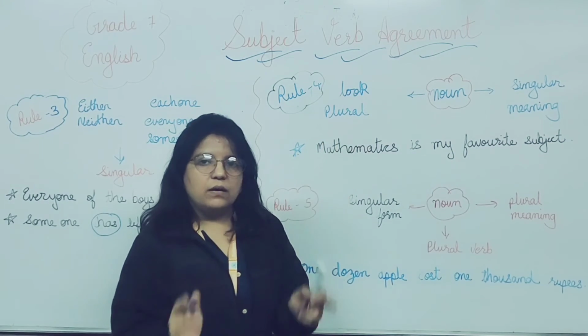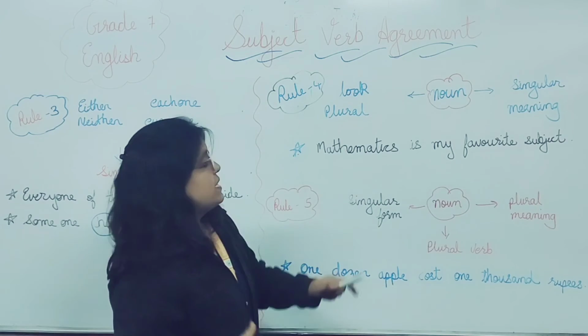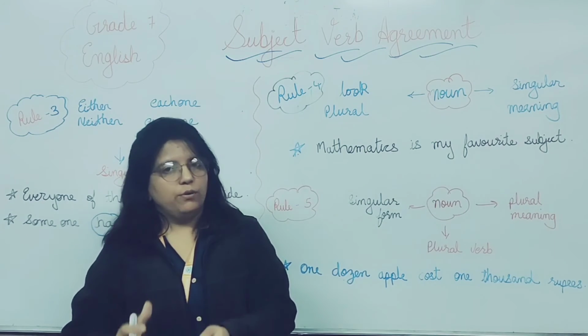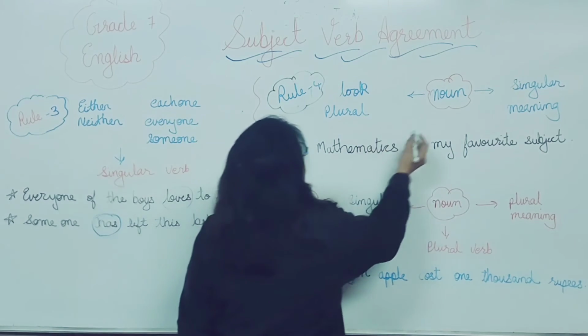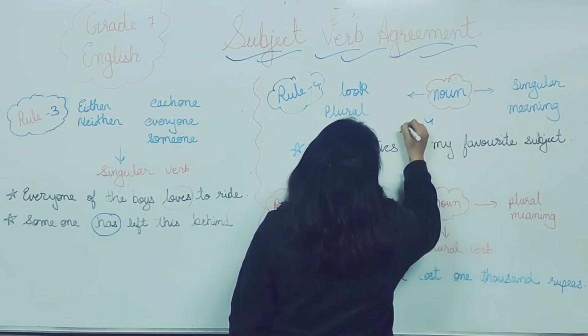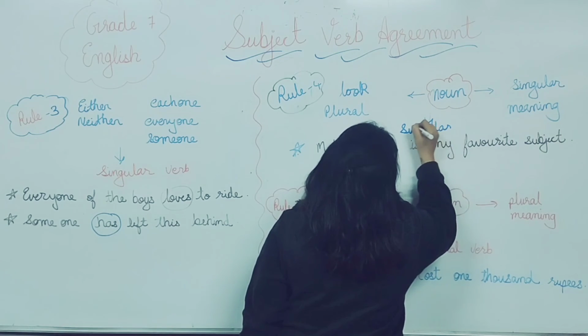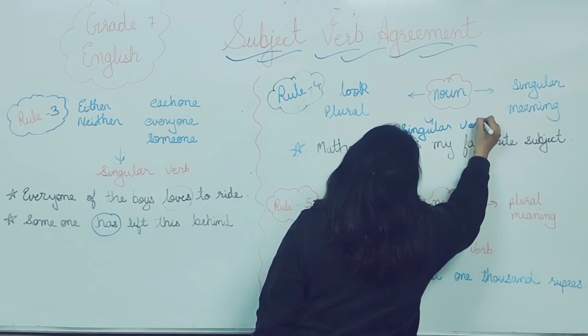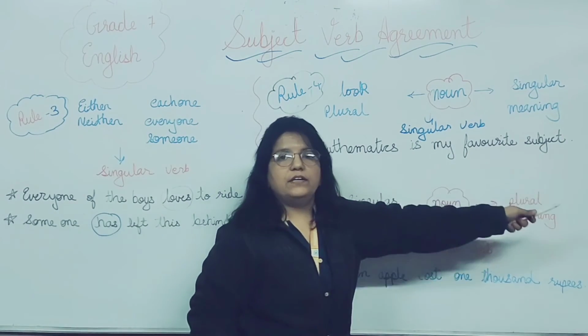Means a noun or a subject which looks like plural but has a singular meaning. So what will we use? We will use a singular verb with them. Like mathematics is my favorite subject.